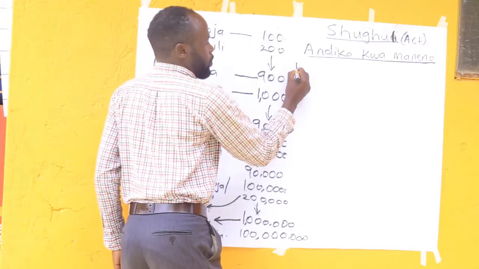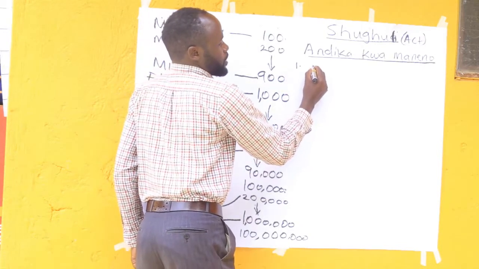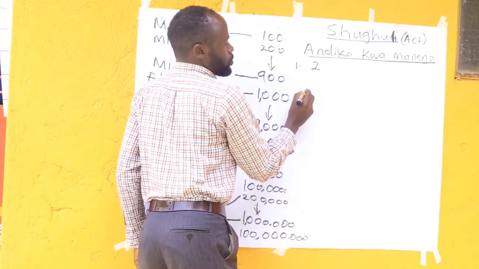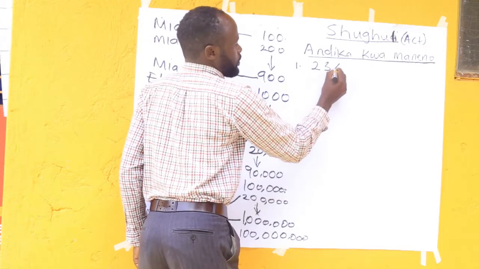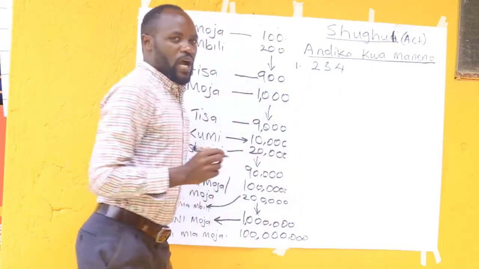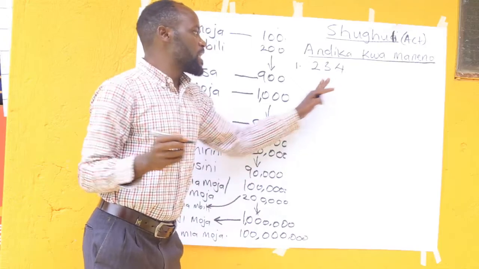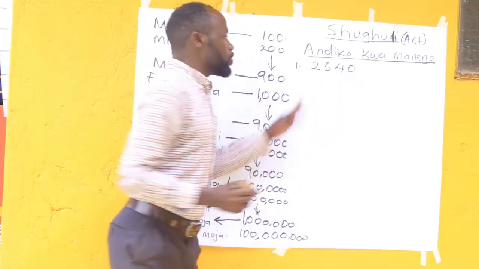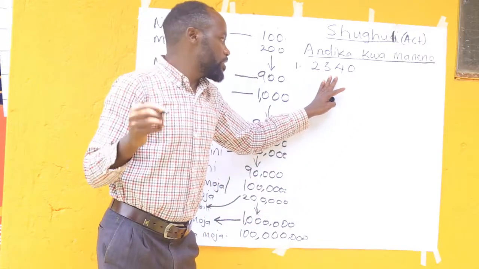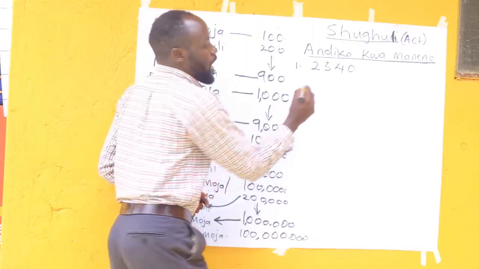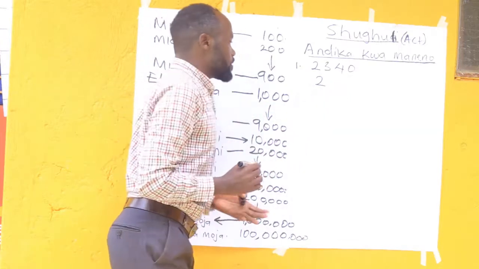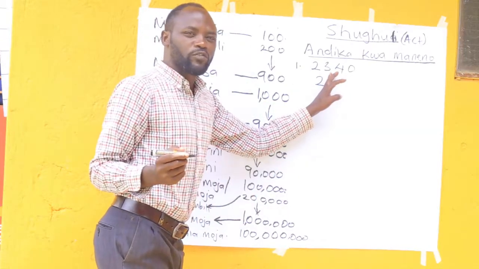So I have number 1, like it is 2, 3, 4. Let us do this as an example. How can we write it in words? So we shall have 2. How many zeros do you think we shall put in front of 2?